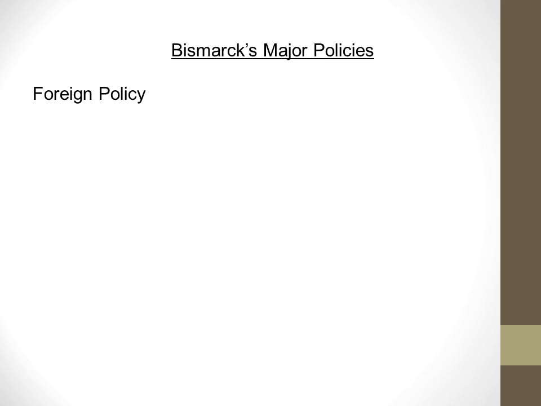So, Otto von Bismarck's major foreign policies. Bismarck was uniquely aware that Germany's position as a new major Central European power made them, one, particularly vulnerable, and two, placed them under the microscope of other European powers who were concerned that the Germans would offset the balance of power in Central Europe.